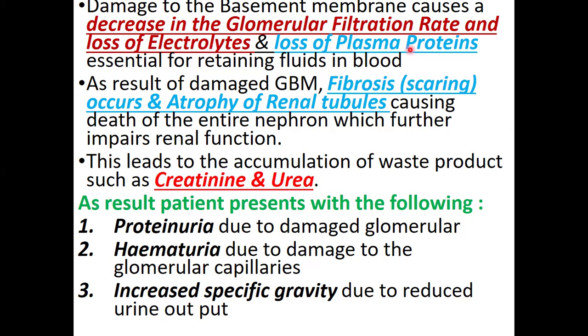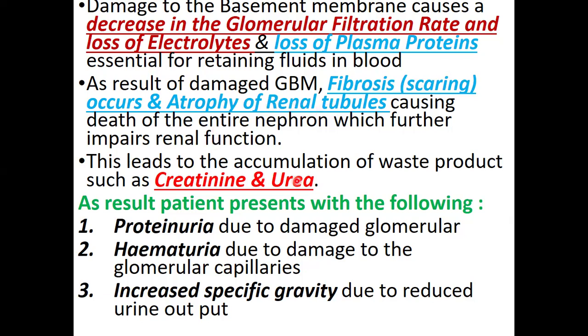Now, because they're losing protein, and protein helps fluid to remain in blood vessels, should the blood vessels lose this protein because there's damage in the basement membrane, then fluid also shifts from the blood vessels into tissues, causing edema. Yeah. So, of course, there's fibrosis, which is scarring and atrophying of renal tubules.